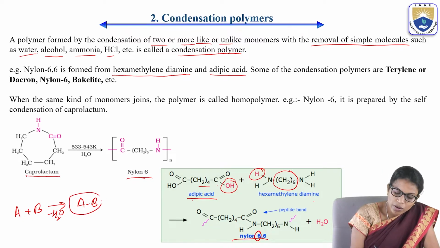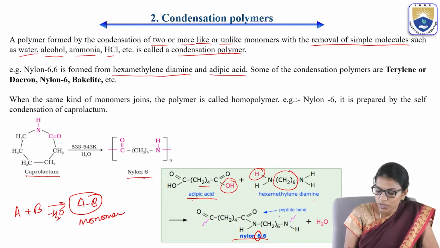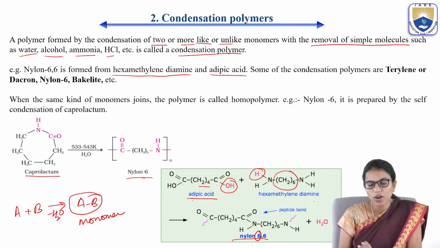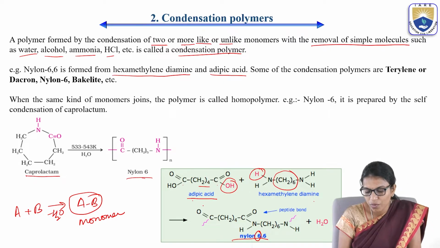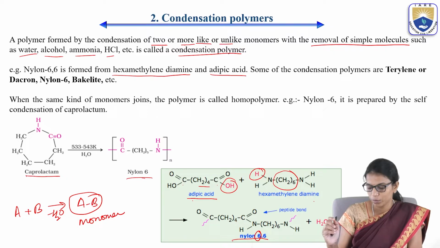This AB will work as a monomer in condensation polymerization. So this is not the proper polymerization molecule. Here this will work as a further single monomer which combines together and forms that polymer.